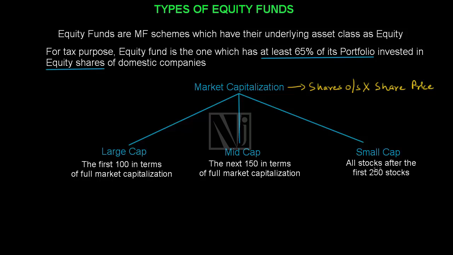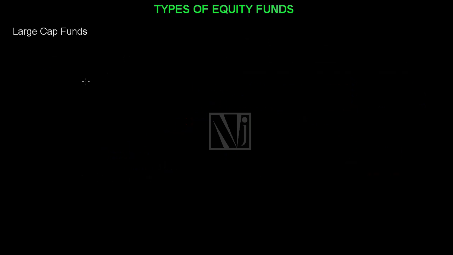And all stocks after the top 250 stocks are the small cap stocks. So the 251st company onwards in terms of full market capitalization represents the small cap stocks. So the mutual fund schemes which invest in the large cap stocks or the top 100 stocks in terms of market capitalization become the large cap funds.